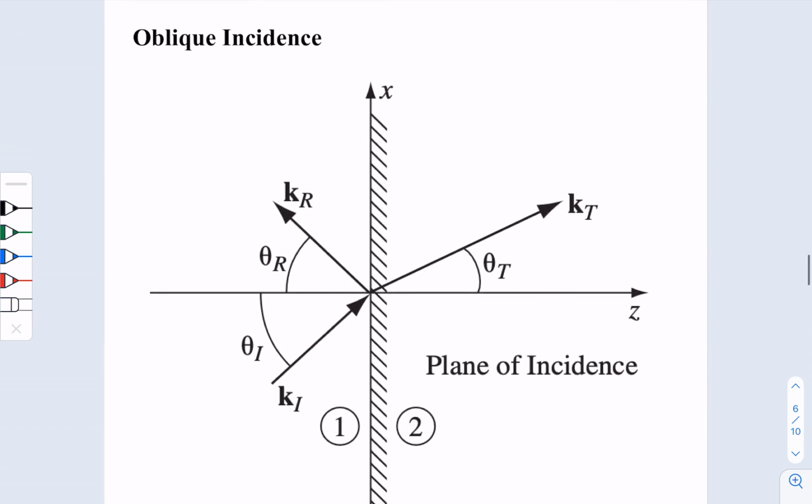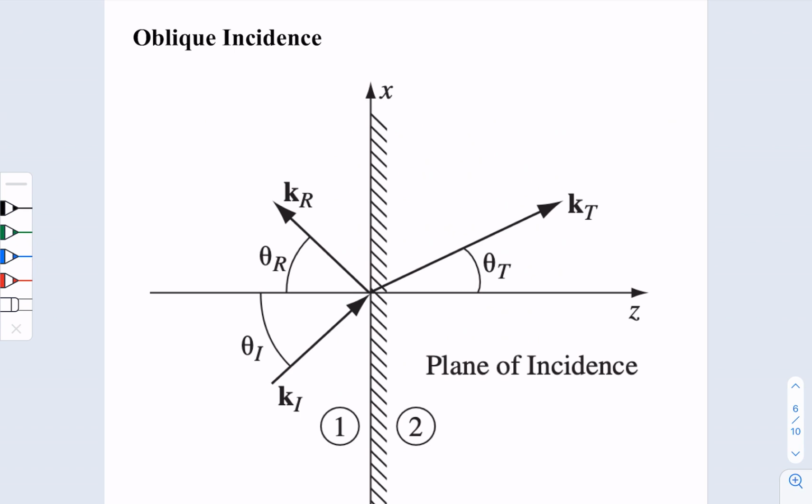So what I just talked about is the normal incidence, which is a very special case where the light simply hits the boundary or hits the interface exactly at 90 degrees. And for the more general case, we have to let the light be incident at an arbitrary angle.